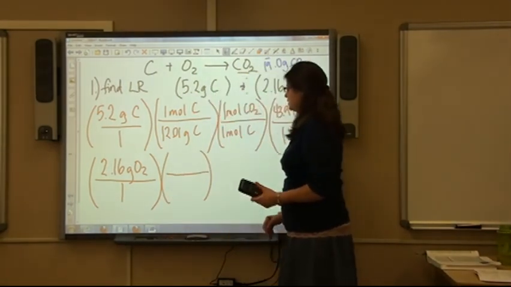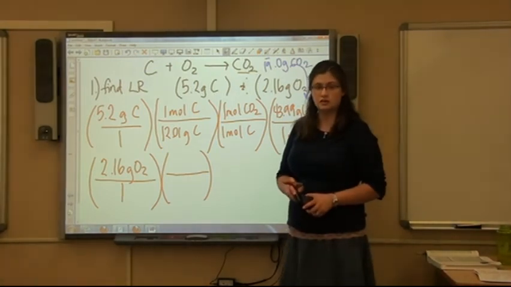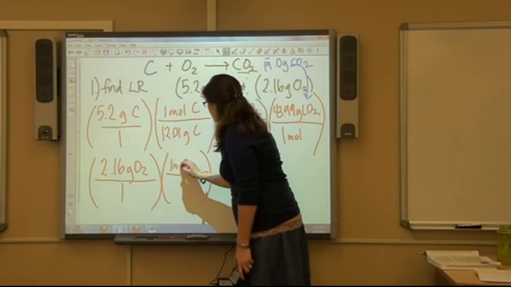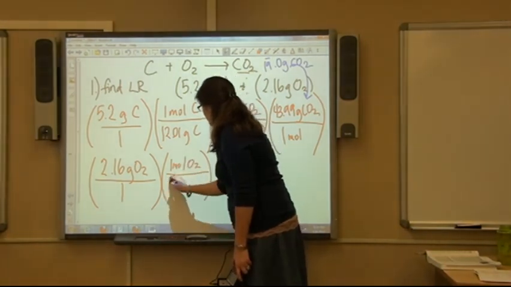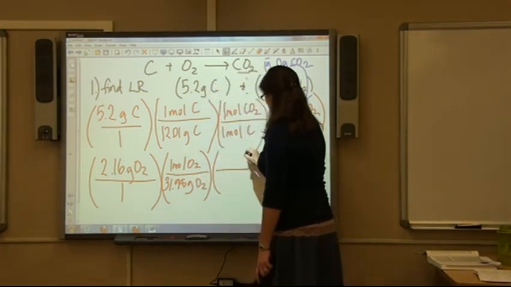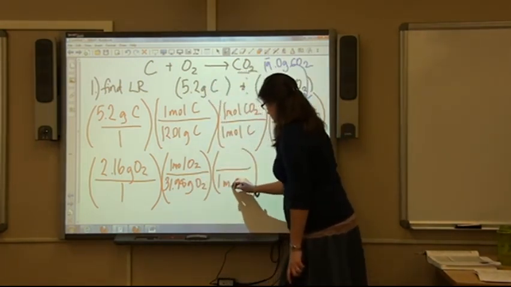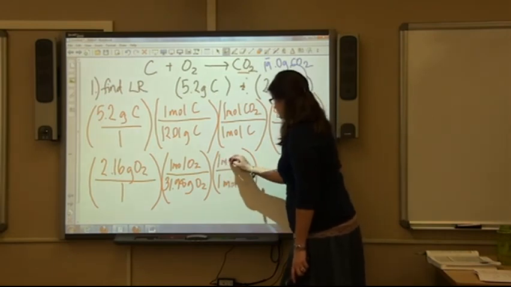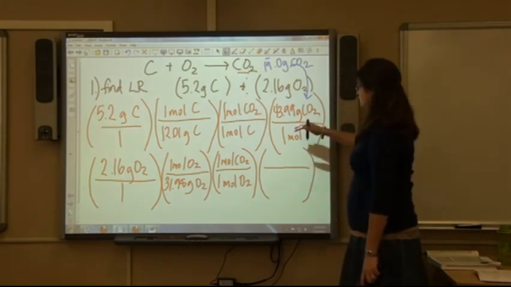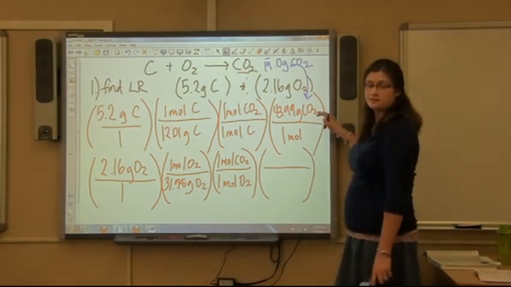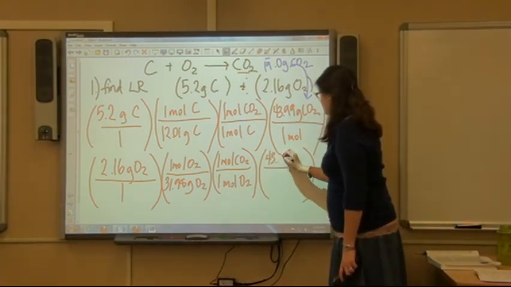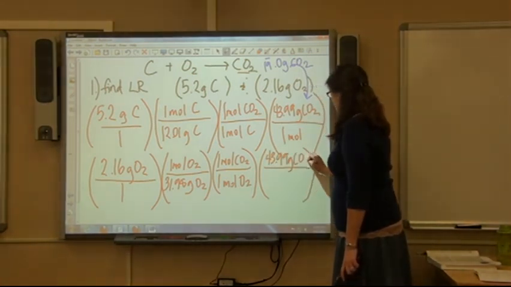Okay, now let's calculate how much you can produce with your oxygen. 1 mole of O2, and there are 31.98 grams per every mole. Here's your tricky bracket. Carbon dioxide goes on top. And then the final bracket is going to be the same as the final bracket when you calculated for your other reactant, 43.99 grams per 1 mole.